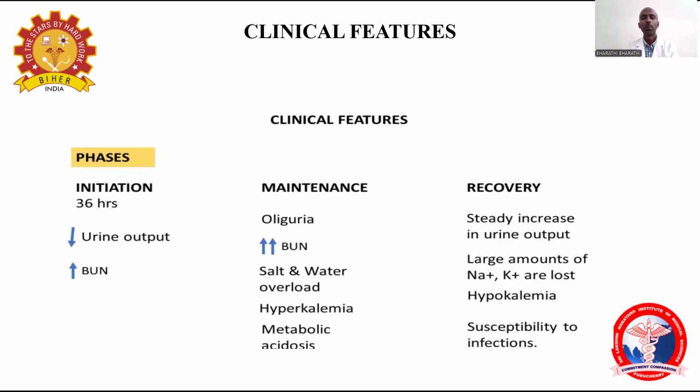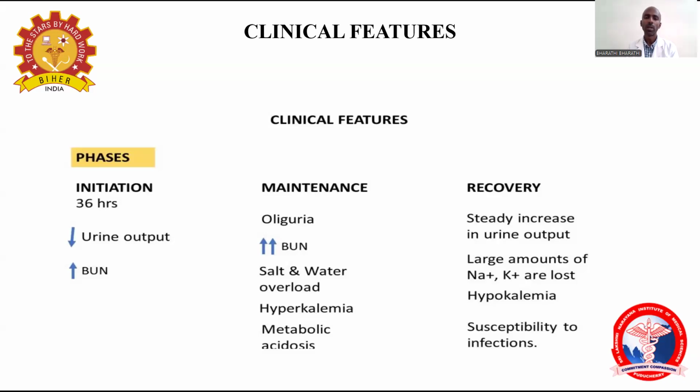And then the maintenance phase. Here, the patient will have polyuria. There will be an increase in the blood urea nitrogen level, and there will be salt and water overload. Where there is salt and water, we have seen it before. There is a decrease in the urine output, so there will be an increase in salt and water overload, and there will be hyperkalemia.